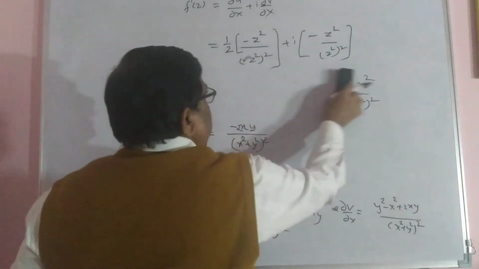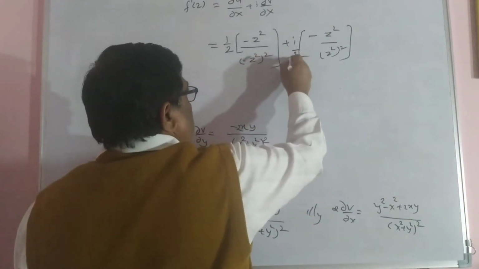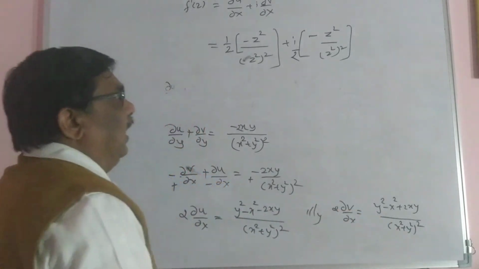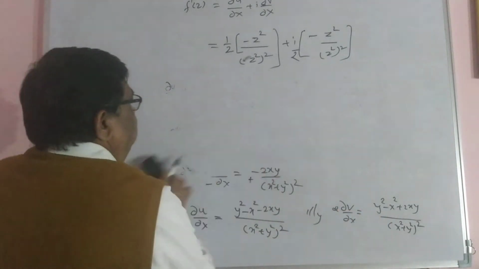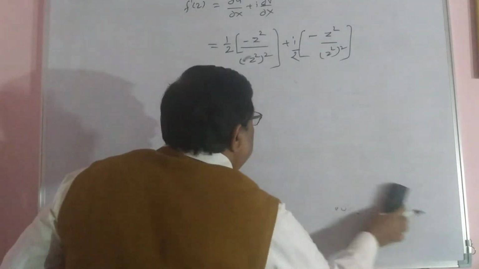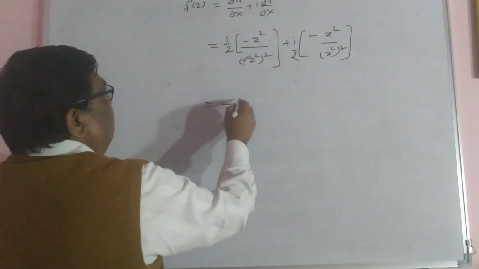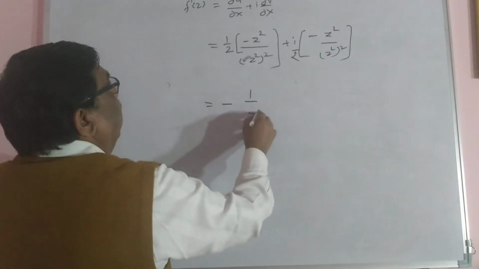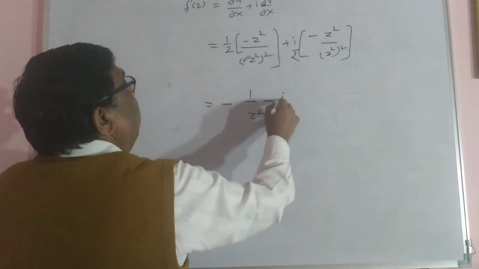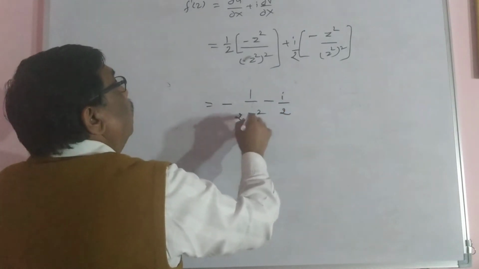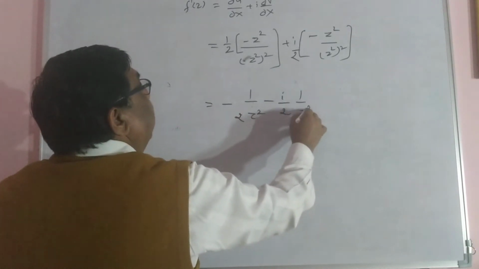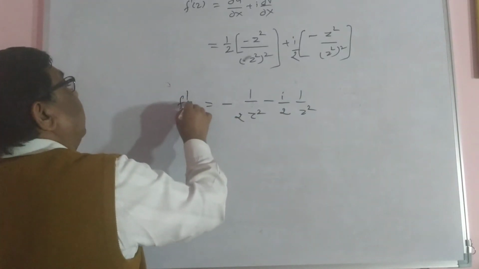If I simplify, again it is also by 2, because this 2 goes to the RHS. Then the simplification is minus 1 upon z² minus i divided by 2, 1 upon z². It is f'(z).